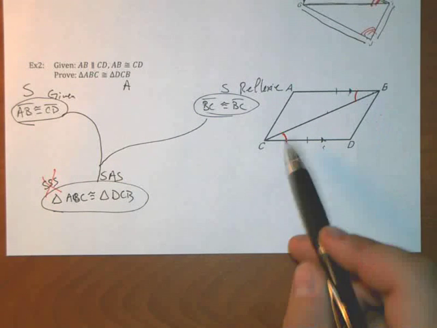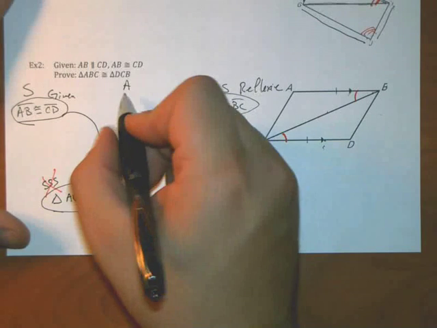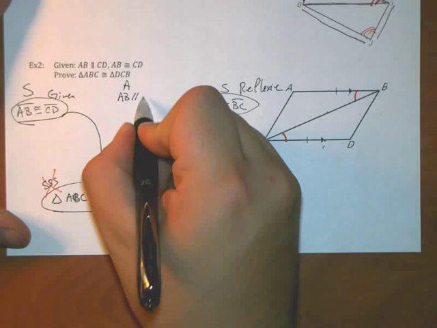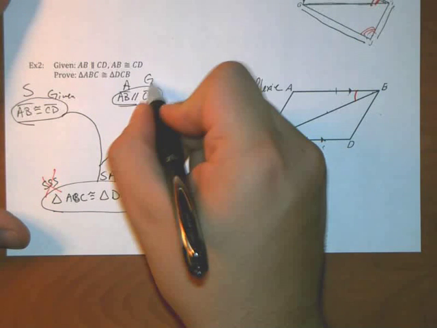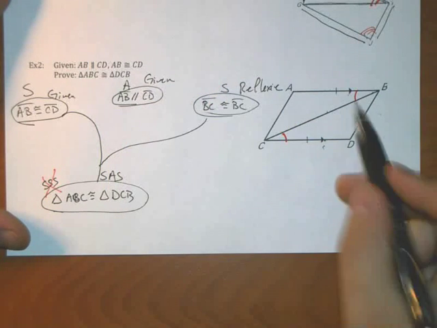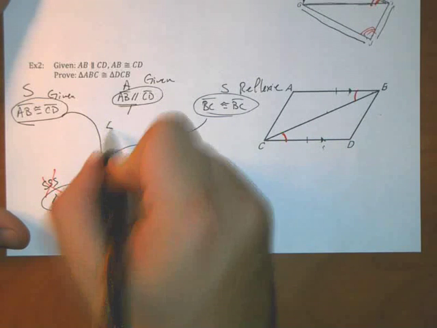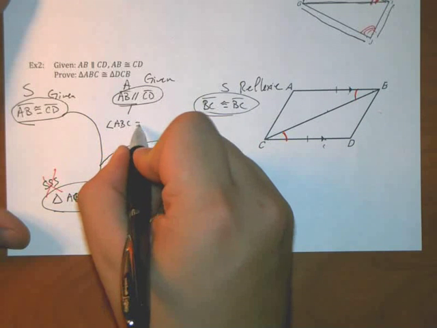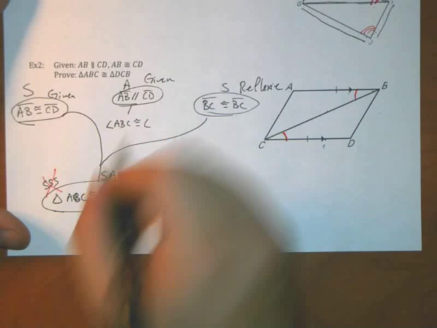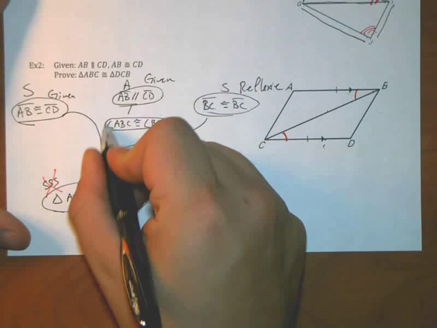So now the last thing is I need to explain why I have this angle pair is congruent. Well, I have parallel lines that's given to me, so how about I write that down? AB is parallel to CD. It's given. And then since they're parallel, I should know that some angles, so how about angle ABC is congruent to angle BCD?